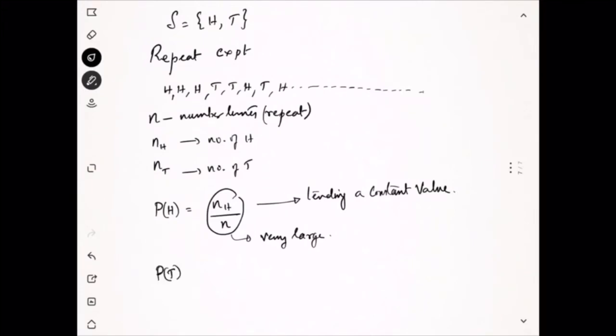Similarly, for the tail, the number of tails that you obtain in your experiment divided by the total number also tends to a constant value. So this is one of the definitions for the basic idea of probability theory. However, this definition has some issues that we will address in the next lecture.